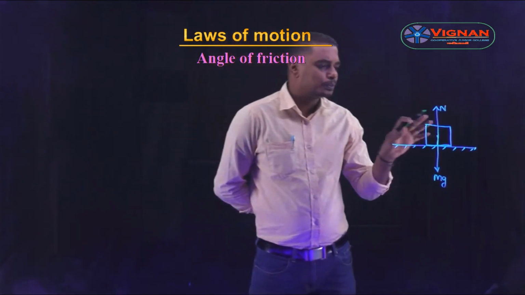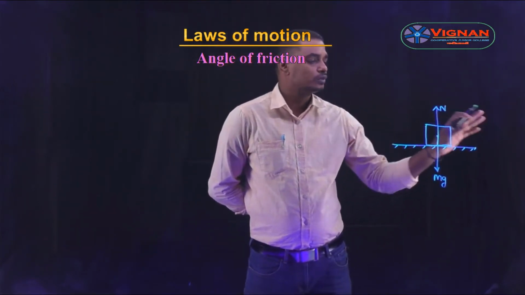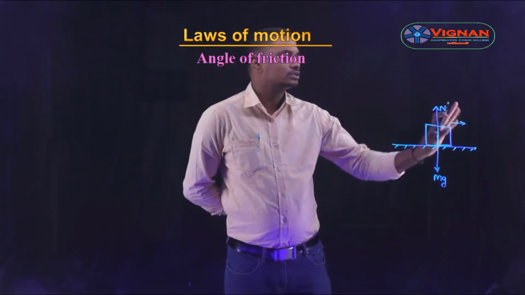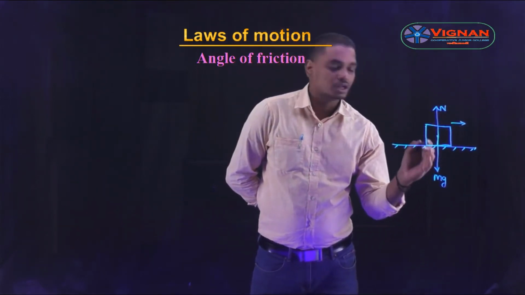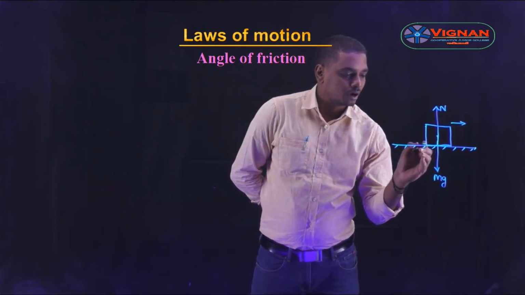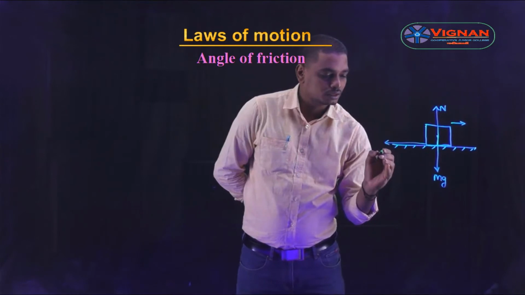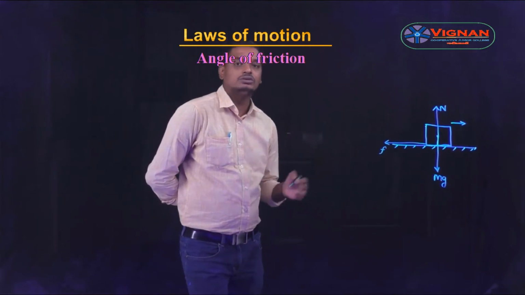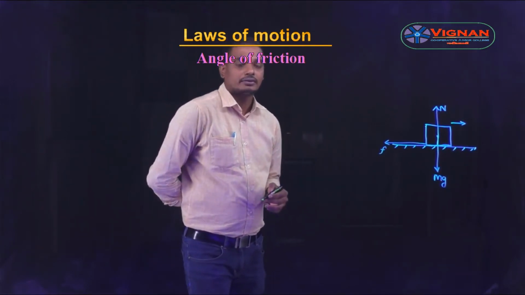If you apply a force to push the body, there is a frictional force f, which is tangential to the surface of contact and opposite to the relative motion of the body.